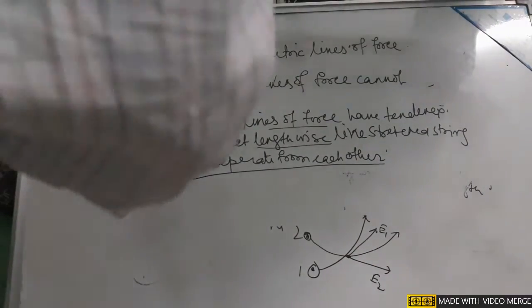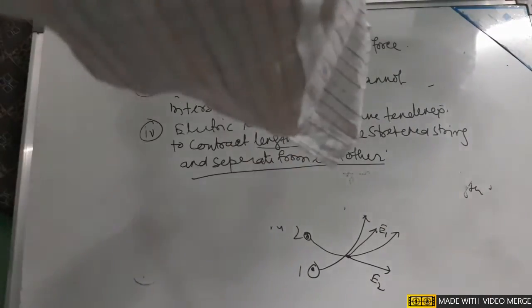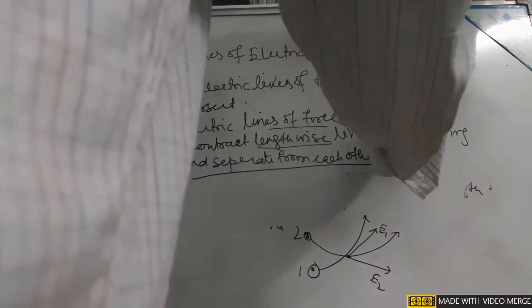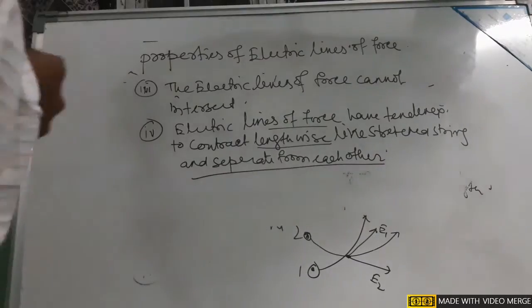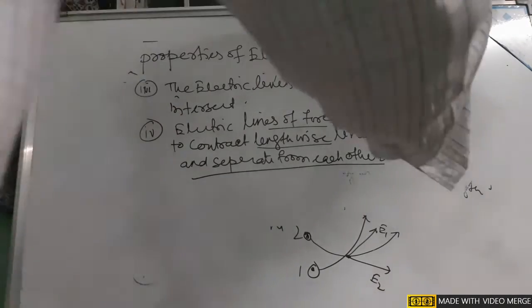That is why, when you bring two like charges close, they repel each other, and when you bring two opposite charges close, they attract. That is the nature: they have the tendency to contract lengthwise and separate from each other laterally.